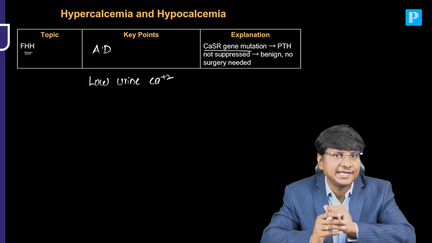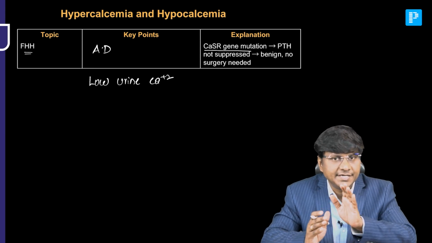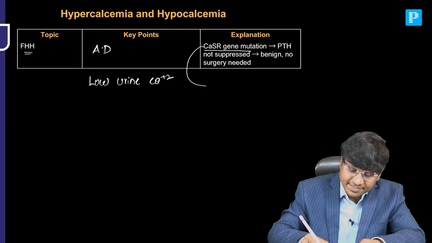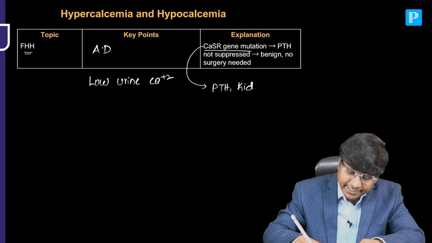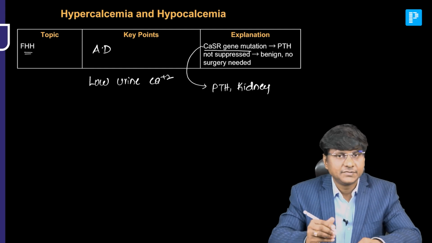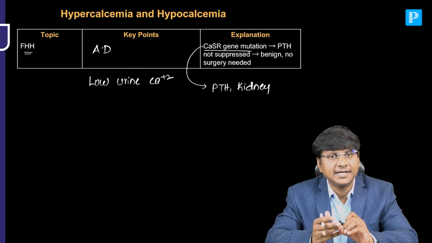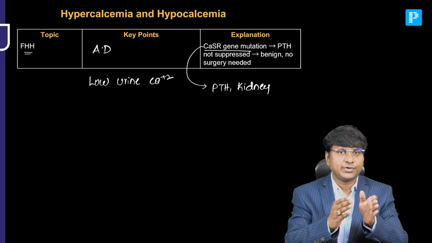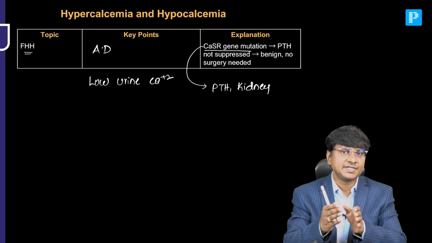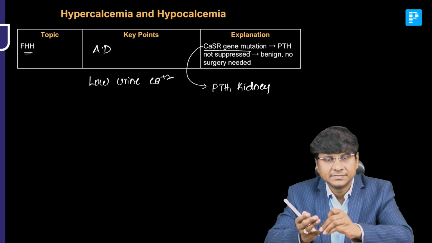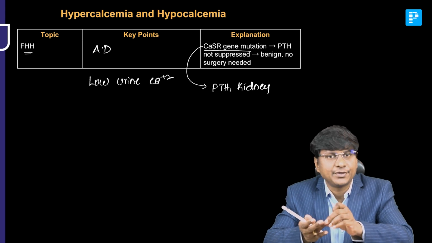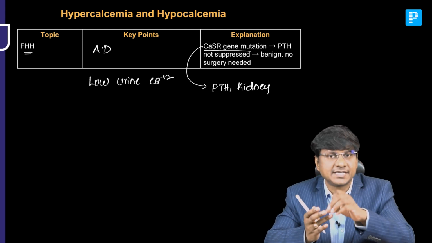Now, what exactly is this calcium sensing receptor? See, these calcium sensing receptors are distributed across the parathyroid gland and as well as the kidney. In the parathyroids, the calcium sensing receptors sense the extracellular calcium and suppress parathyroid hormone secretion if calcium levels are high.